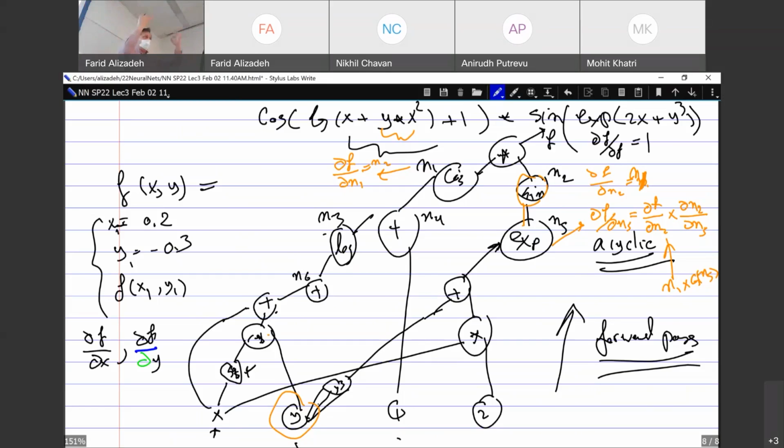Then at given points for x and y and so on, you can calculate by going forward, from bottom to up. You can evaluate each node until you get to the final functions. The value of those functions at given points can be calculated. That's the forward. And then if you're also interested in the derivatives, then you do the backward calculation. Okay.